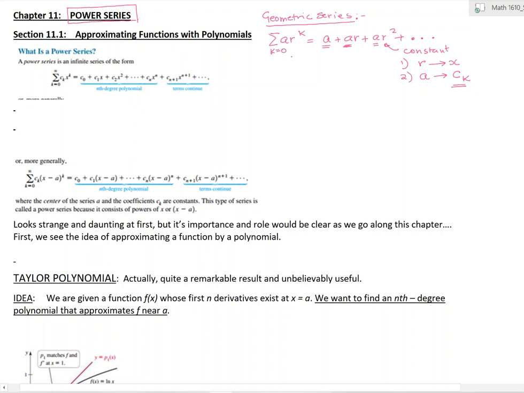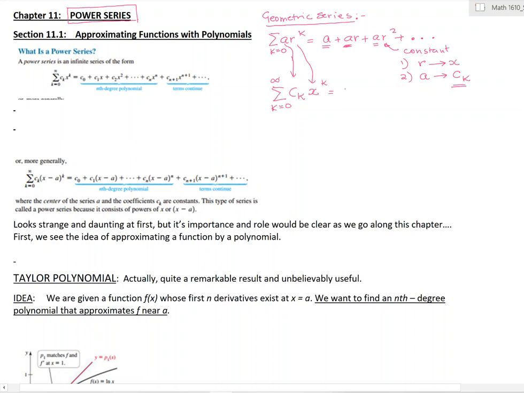So if we do that, what do we get? Summation k going from 0 to infinity. Now instead of a, we are going to have ck, so the constants would be different, and instead of r, we are going to have x raised to the power k.